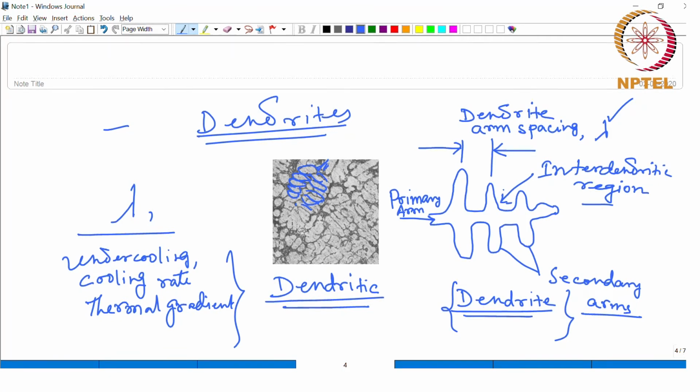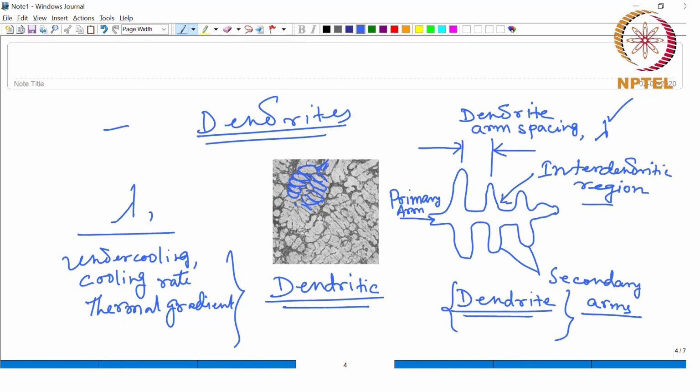So, therefore, as the liquid is transforming into solid, the solubility limit will also reduce, and as a result more and more of these dissolved elements will be rejected by the solidifying liquid, right. And therefore, all these rejected elements or the solutes will segregate in the last liquid to solidify.